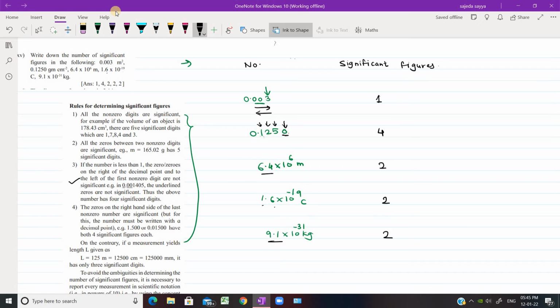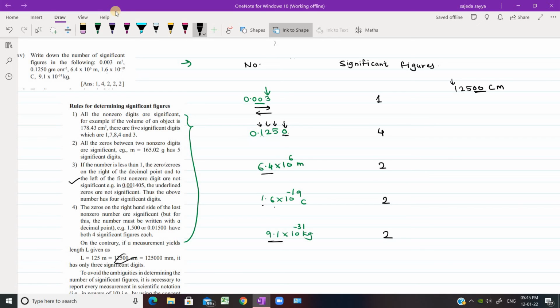For example, sometimes you are given a very big number, for example 12500 centimeter, and we are asked how many significant figures there are. If the number is greater than 1, the zeros coming after the non-zero digit are not significant.